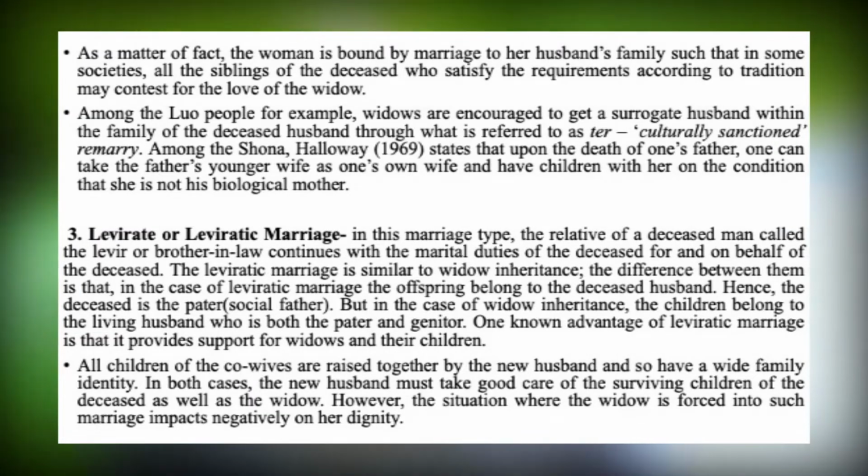Levirate or leveratic marriage, just like the widow inheritance, is also a type of marriage where a woman is allowed to marry the brother of her deceased husband. So, widow inheritance and levirate marriage are similar in a way, but there are also some differences between them.